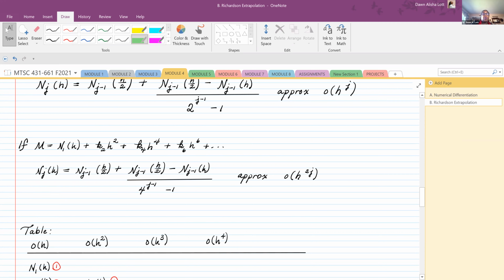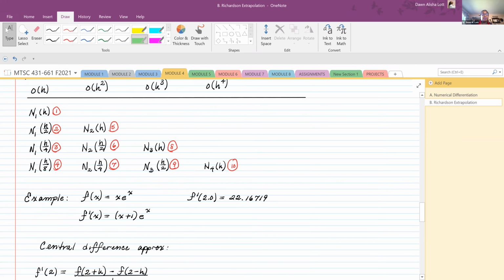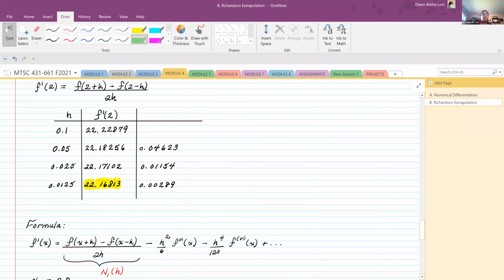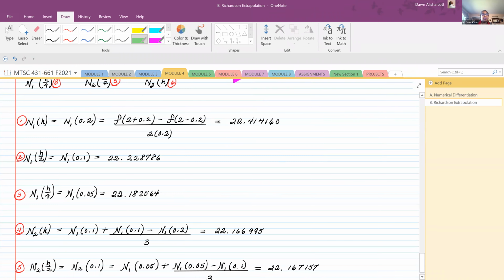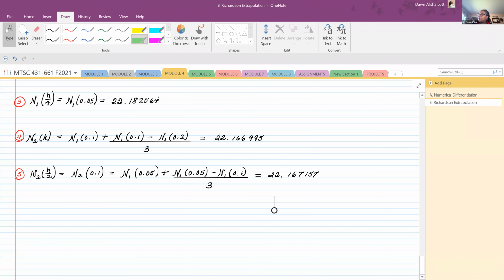So I'm going to get 4 to the 3 minus 1, which is 4 squared, which is 16 minus 1. So I'm going to have a 15 in the denominator. Okay, so for number 6, I now have N3 at H. And that's N3 at 0.2.